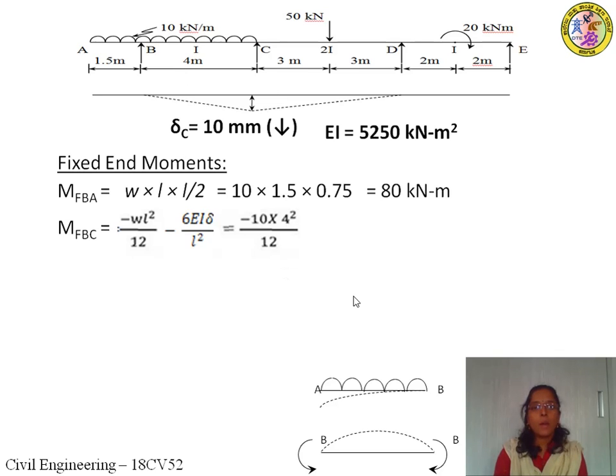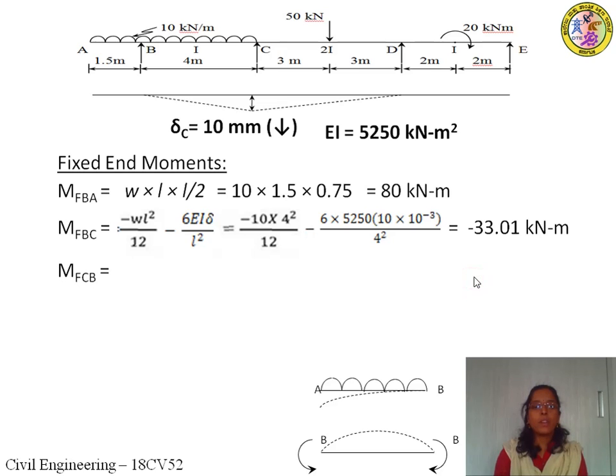Minus 6 EI, 6 into 5250, and delta positive because this is the right end, 10 mm, 10 into 10 power minus 3, that whole thing divided by 4 square. If you simplify this, it will be minus 33.01 kilonewton meter. That is the fixed end moment for member BC.